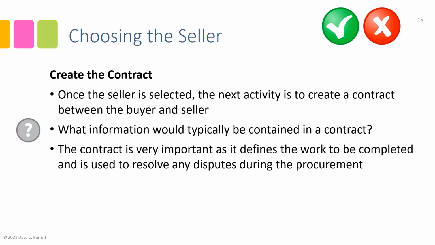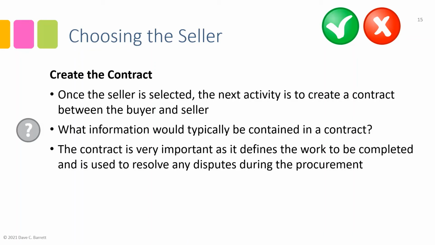It's very important as it defines the work to be completed and is used to resolve any disputes during the procurement. If there becomes a dispute between the buyer and seller, two different organizations, it's the contract that will be used to settle that dispute. Ultimately, if it had to go to a court, the judge would look at the contract. So there is an incredible focus put on this document because it guides the rest of the procurement.